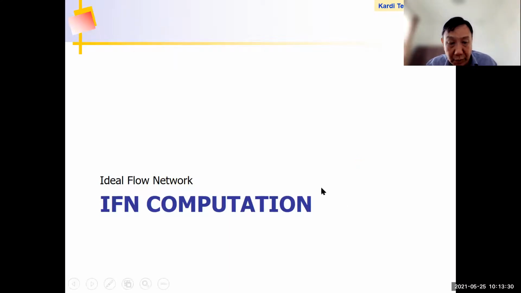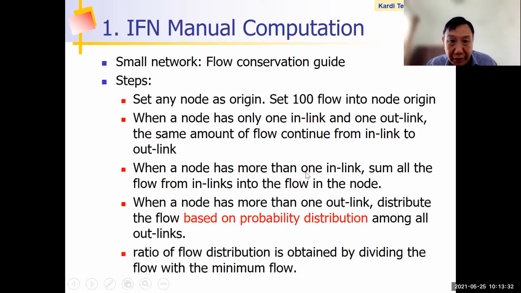So next, I want to discuss the IFN computation. Let's do the IFN computation manually. How do you get that? First you set any node as origin, and then you set 100 flow into or out of the origin node. When a node has only one in link and one out link, the same amount of flow will continue.